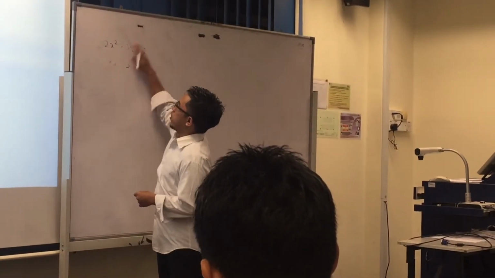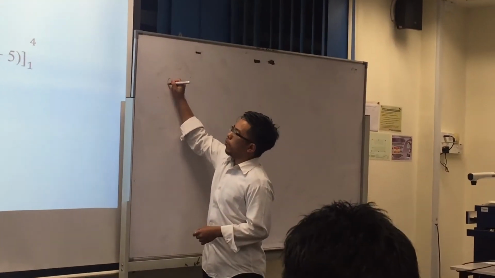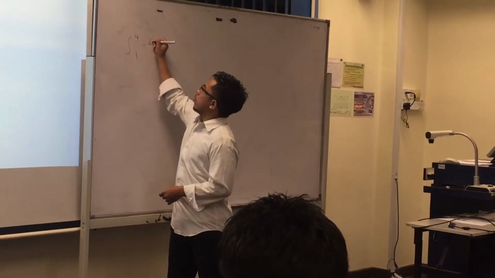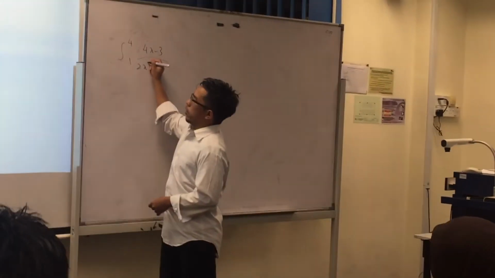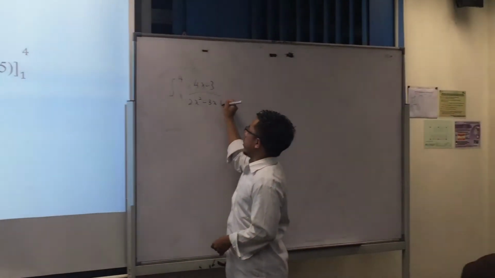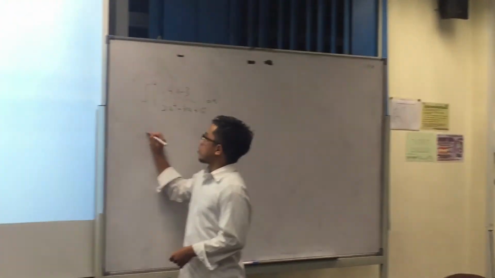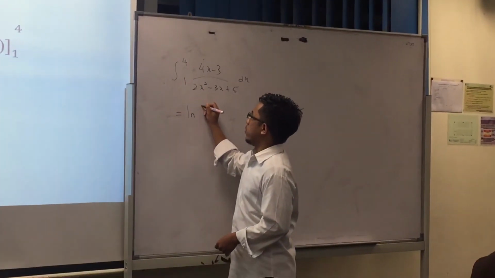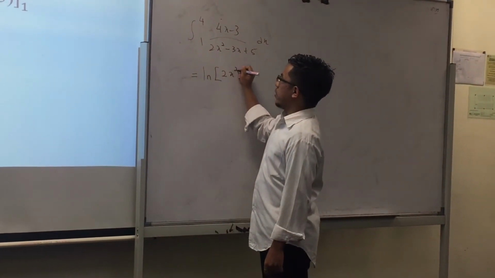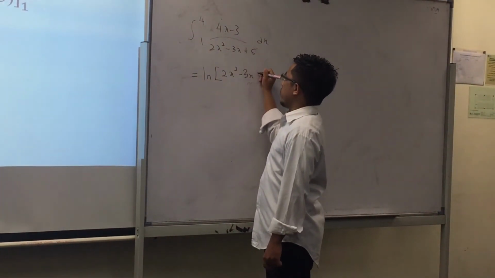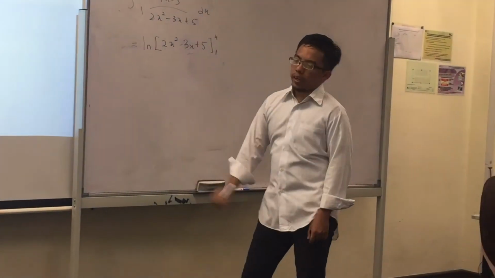So we can proceed on using the rule that we have learned, where when we want to integrate 4x minus 3 over 2x squared minus 3x plus 5 dx, we can use the rule and get the answer of ln of 2x squared minus 3x plus 5 with upper and lower limits from 1 to 4.